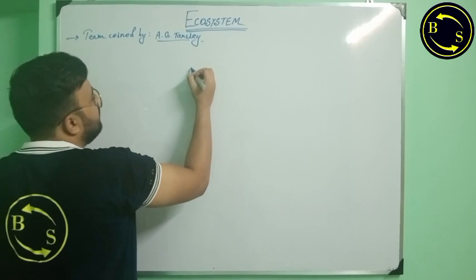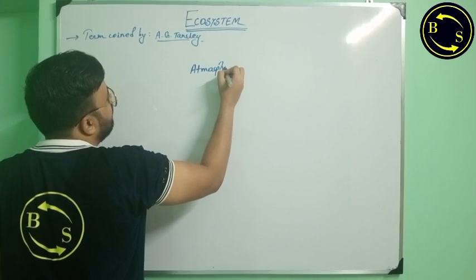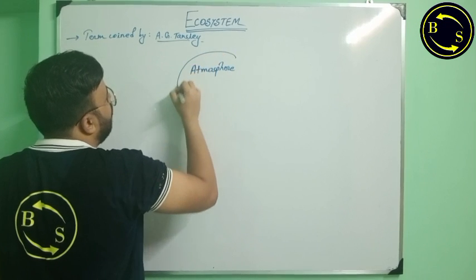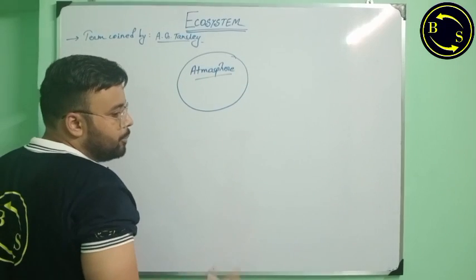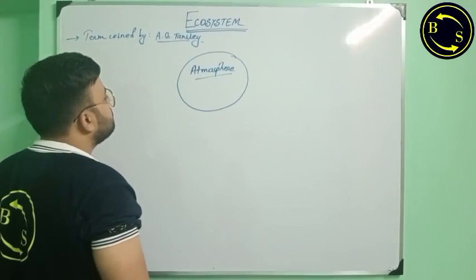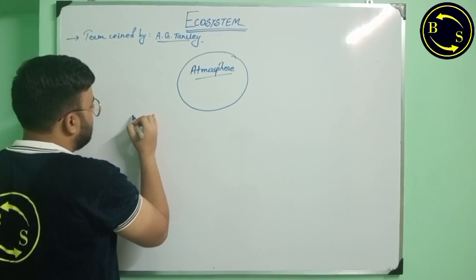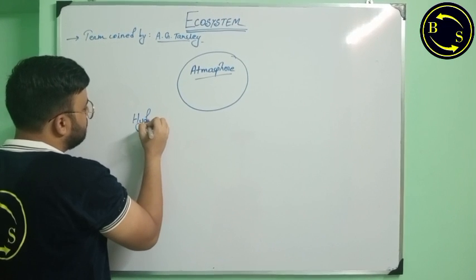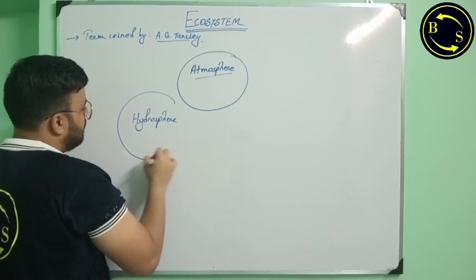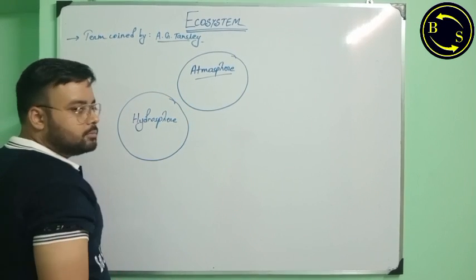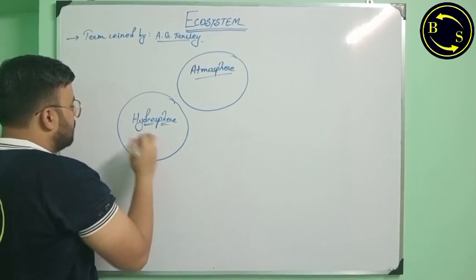One is the atmosphere. That is all the gases that are present in and around the Earth. Another is the hydrosphere. All the water bodies present in our planet.